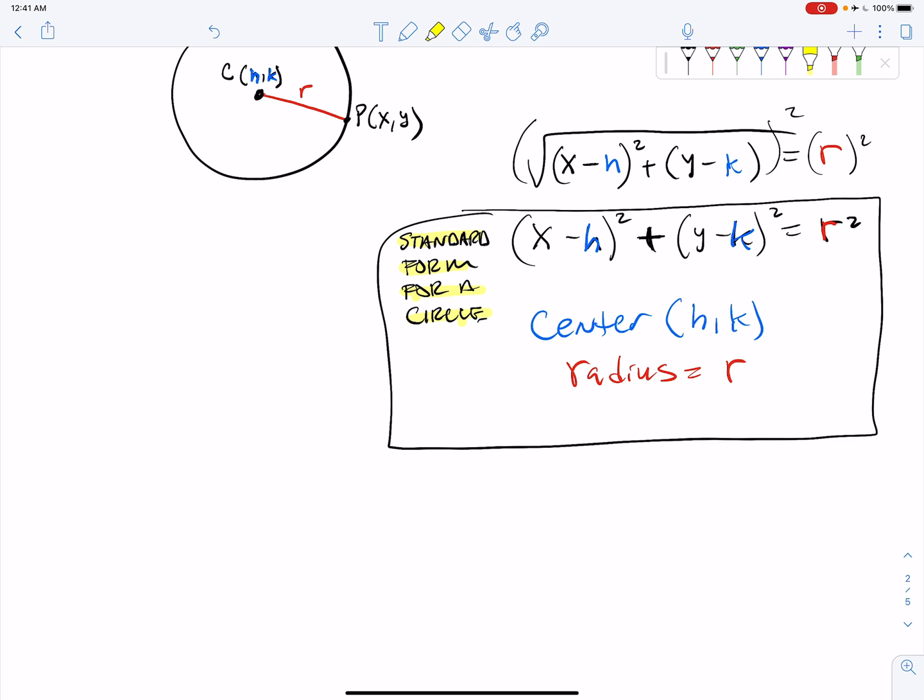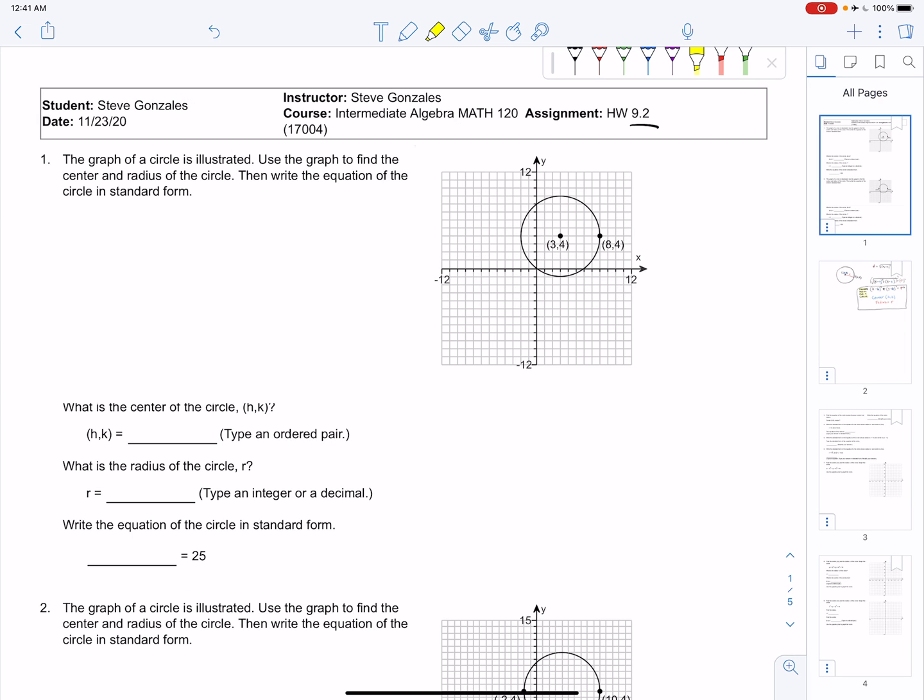So with that, let's go ahead and go up to question number 1. It says the graph of a circle is illustrated. Use the graph to find the center and radius. We can already see that the center is right here, and so that center, h comma k, is 3 comma 4.